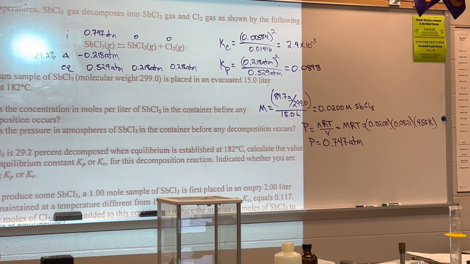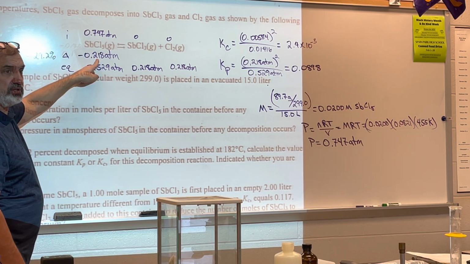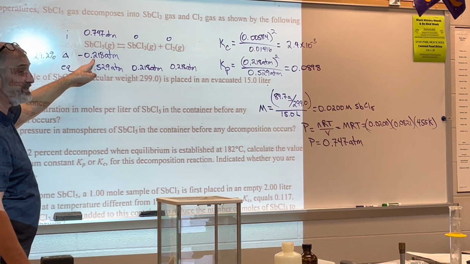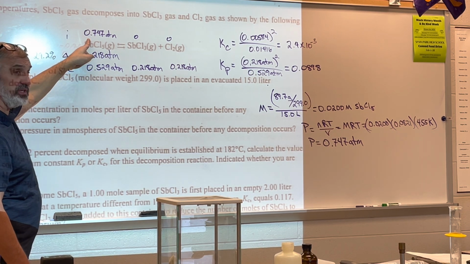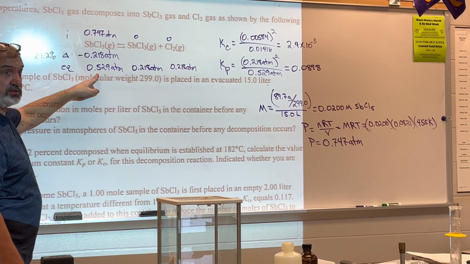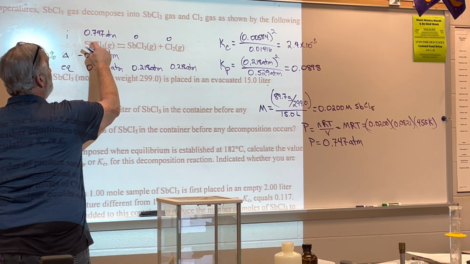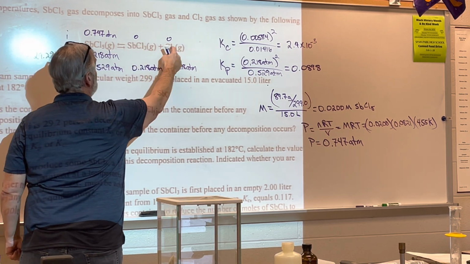Okay, but again, do you understand 29.2% times this equals that number? Okay, if that's how much reacted, that's why we're subtracting that. We started with this, this much reacted, which means we have this much left. So if this much reacted here, for every one of these, we produce one of those and one of those.